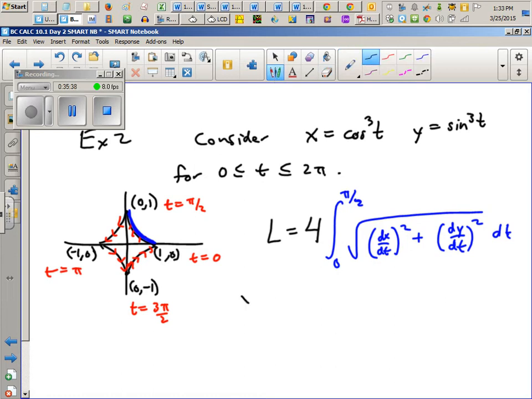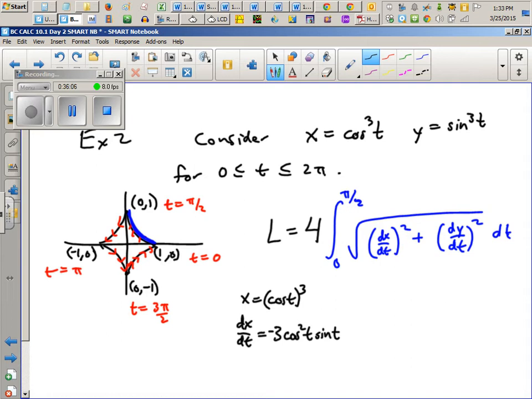And remember, x was cosine t cubed. So what's dx/dt? Negative 3 cosine squared t sine t. Because you take away a power, times the derivative of the inside, negative sine t.